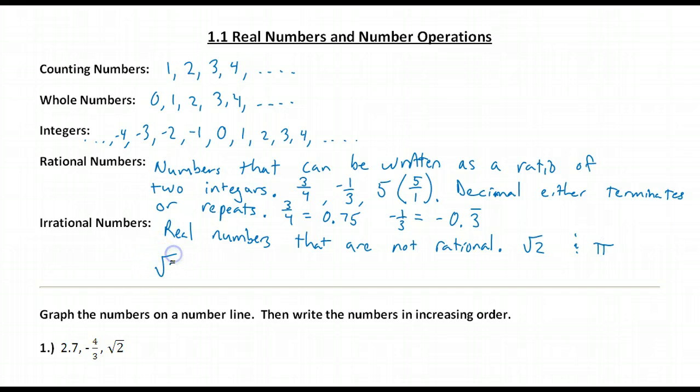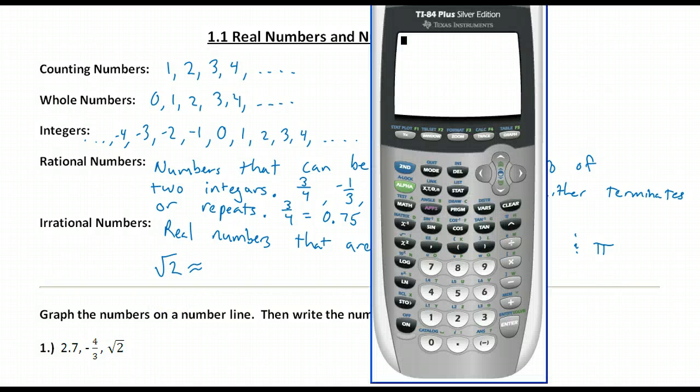If we look at the square root of 2 and we try to write it as a fraction, we're going to have the square root of 2 over 1. Well, the square root of 2 is not an integer, so we can't write it as a fraction of two integers. If we look at the decimal of the square root of 2, it is 1.414213562.